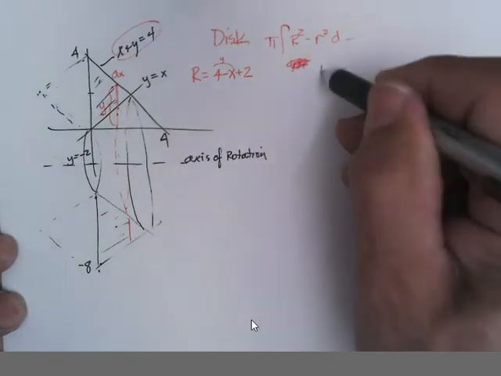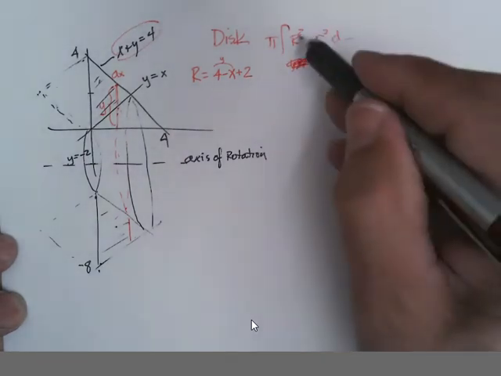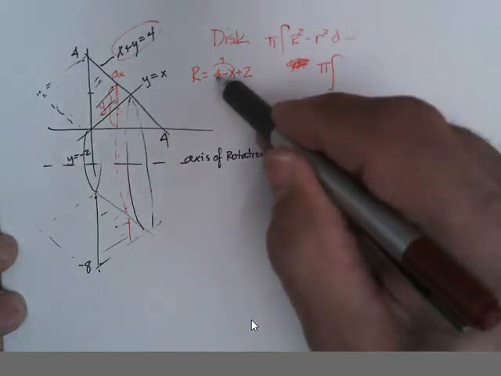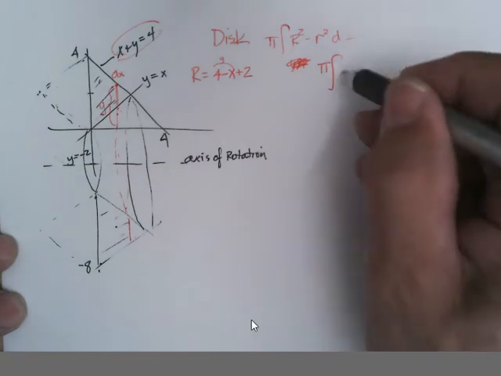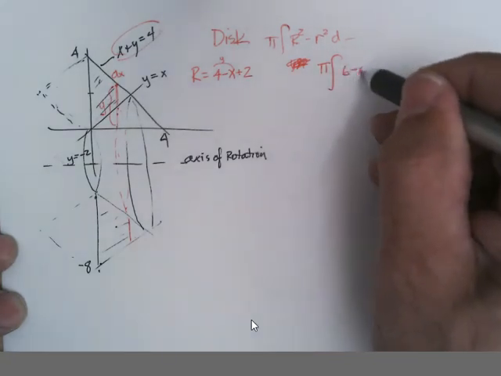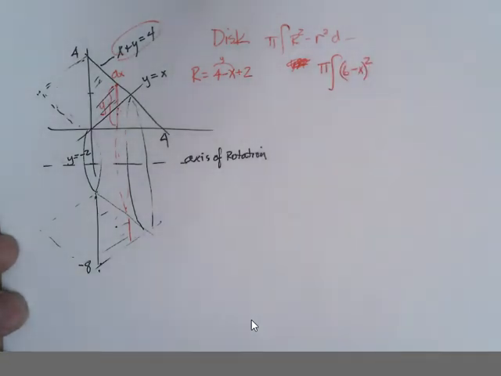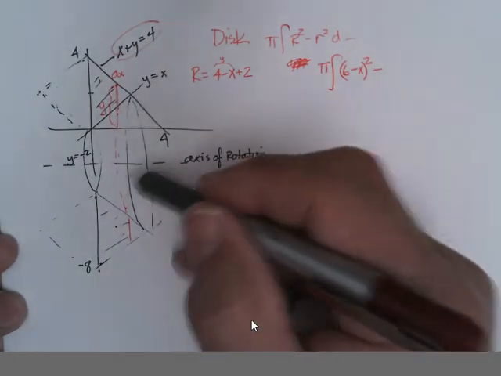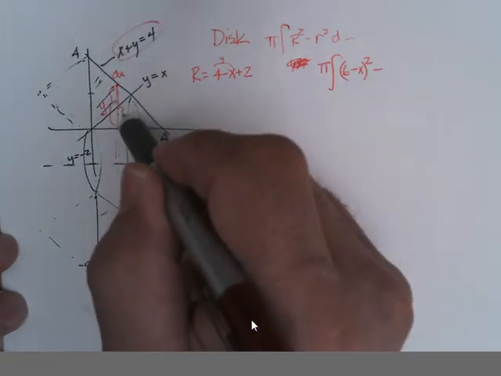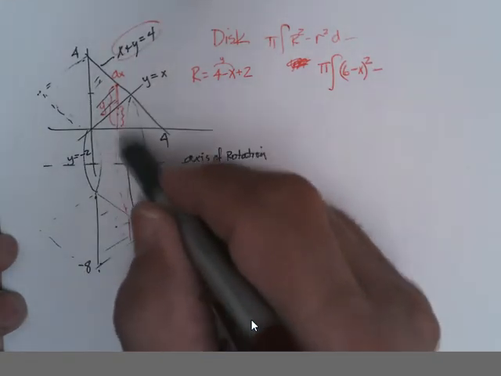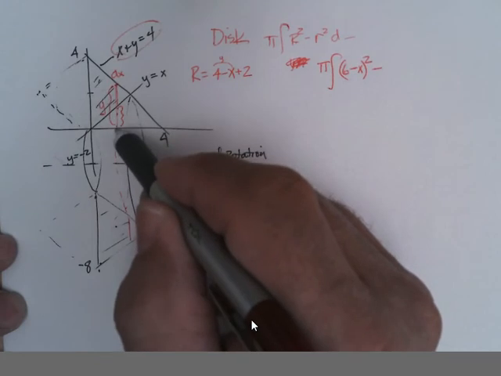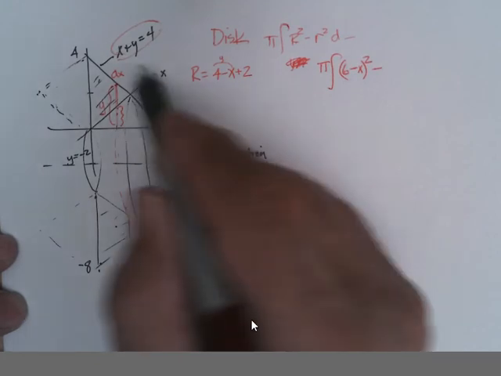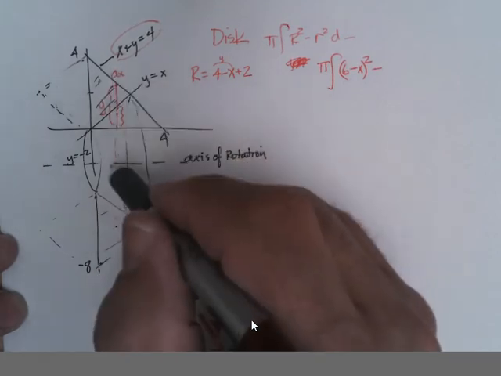So over here it'll be pi integral of the large radius, 4 plus 2 is 6 minus x, large radius squared, minus the inside. So now I've got a y that's this. That's in the y direction, but I have to write it in the x direction because the thickness is in dx.